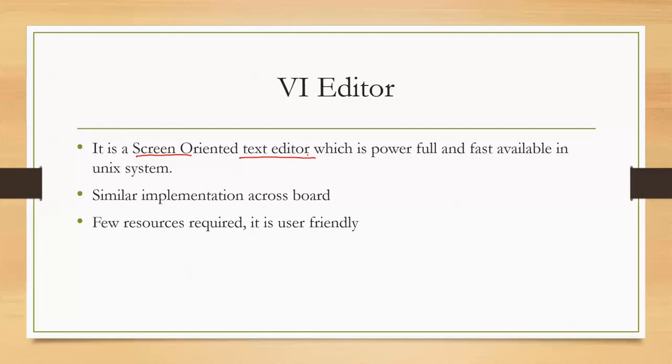It is used to create a text file, and it can also be used for creating or writing many different kinds of programs, which is powerful and fast, and it is available in all kinds of Unix operating systems, be it Unix or Linux. So all kinds of Unix and Linux operating systems will have this VI editor.